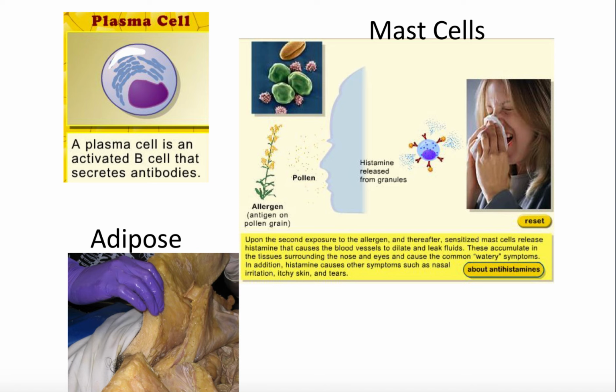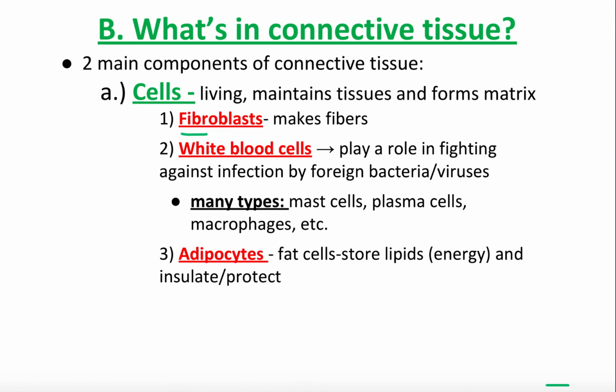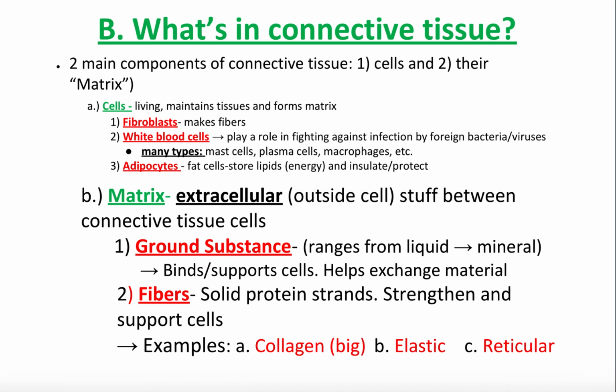And adipose, and this is kind of a gross picture, this is a surgical picture, is fat, and you find fat sitting right underneath your skin, and it makes really thick layers underneath your skin. But in terms of our class, these are the cell types that are all I'm looking for: fibroblasts, white blood cells, and adipocytes.